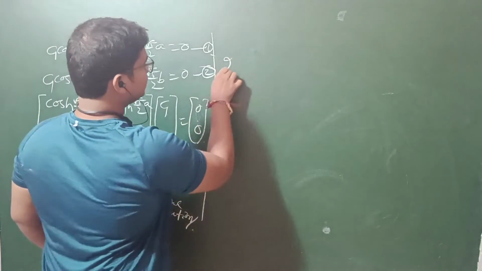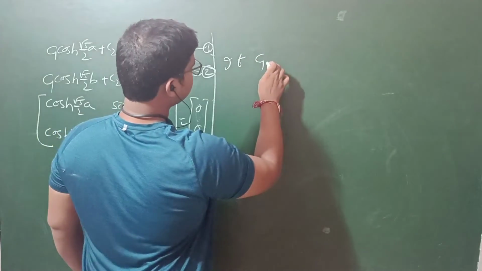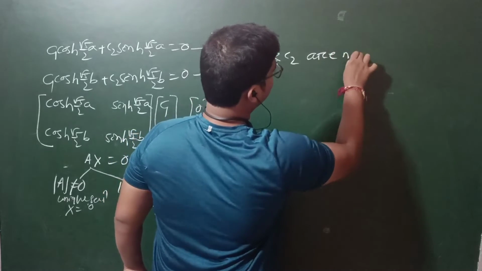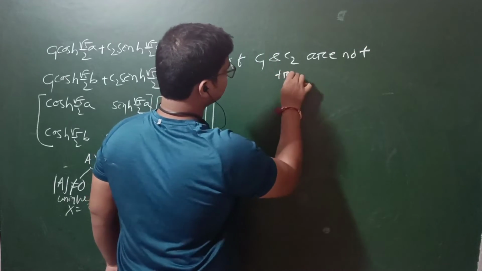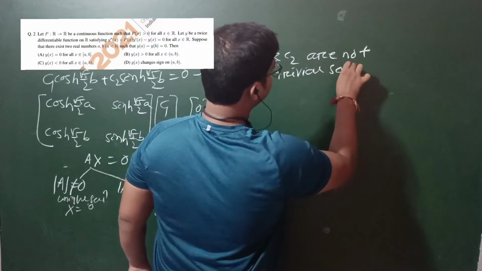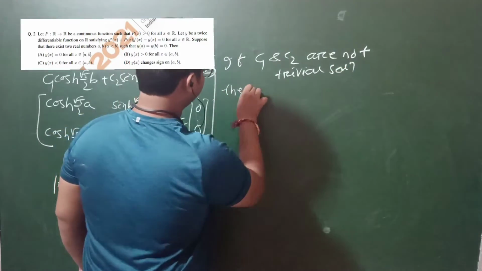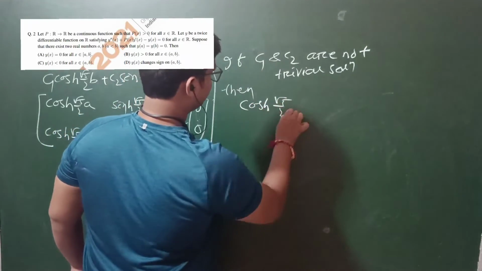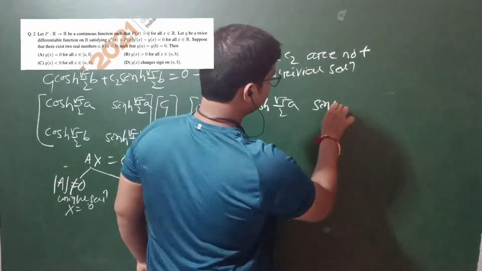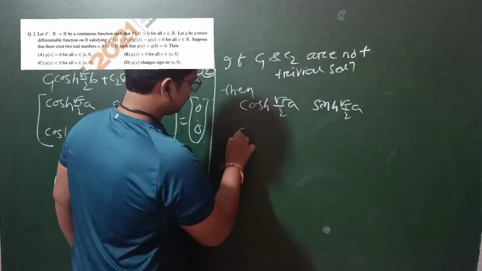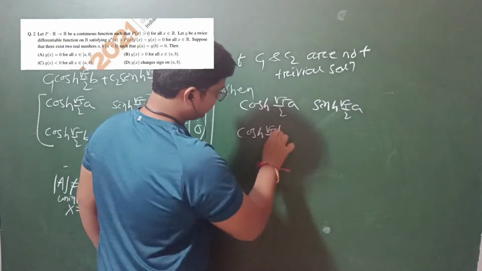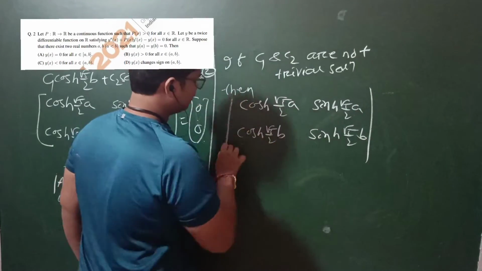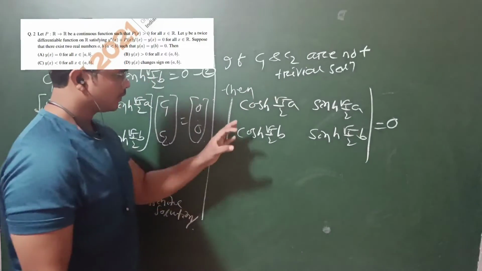That means if c1 and c2 are not a trivial solution, then the matrix with entries cosh(√5/2 a), sinh(√5/2 a), cosh(√5/2 b), sinh(√5/2 b) must have determinant 0.